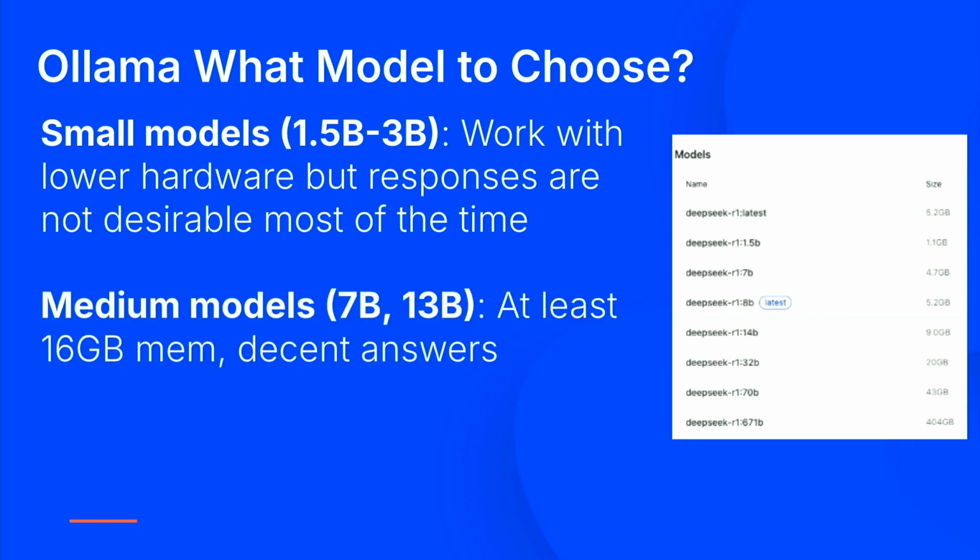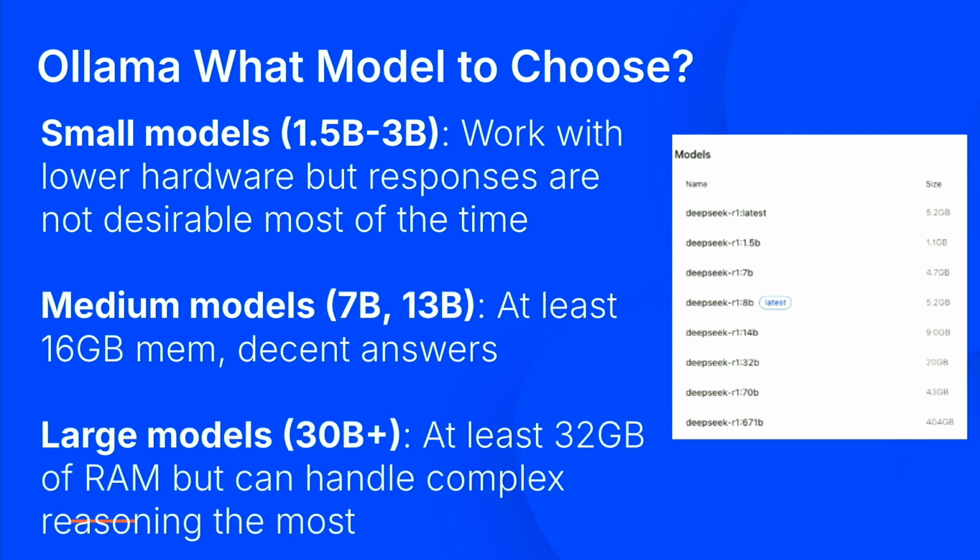The medium models are around 10 gig to 20 gig. You're going to need at least 16 gigabytes of memory, but on these models you're going to get some decent answers. And large models require huge RAM, 32 gig at least. But they can handle complex reasoning the most.